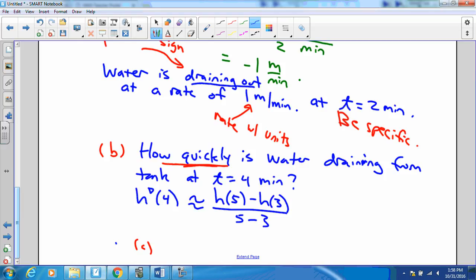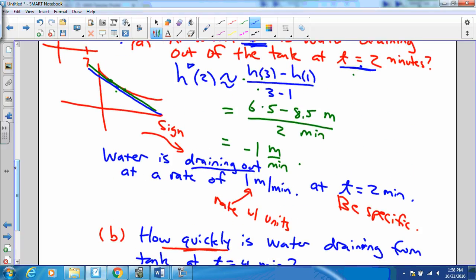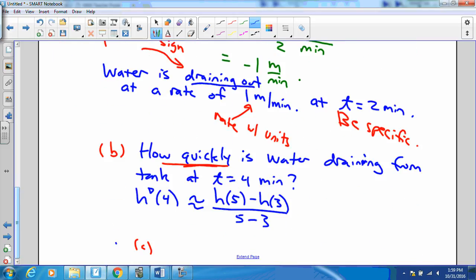I'm estimating my derivative with a difference quotient with values from h, so I'm looking at a change in h over a change in time. Does that make sense? That's exactly what I did for the previous one also. H prime of 5 minus h prime of 3 over 5 minus 3 would actually compute h double prime.